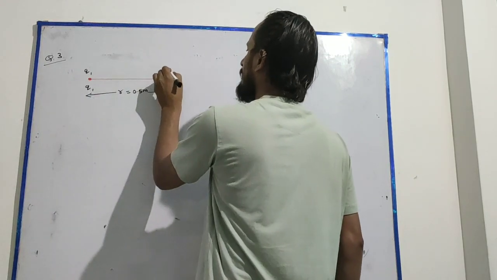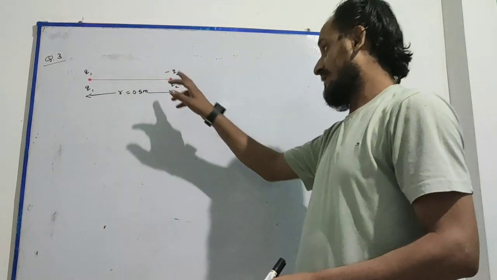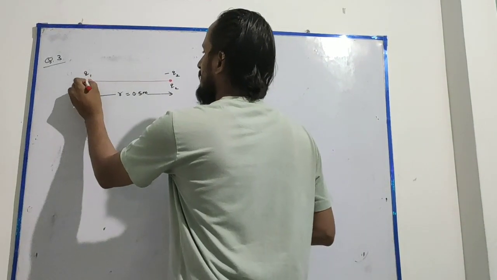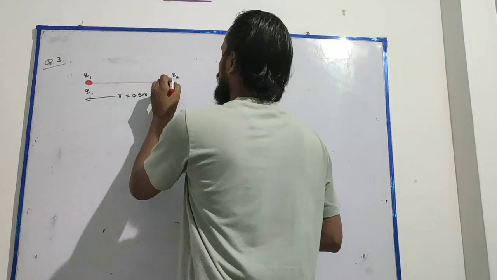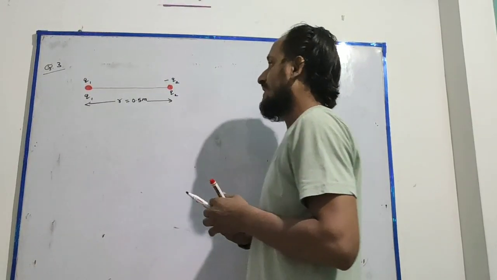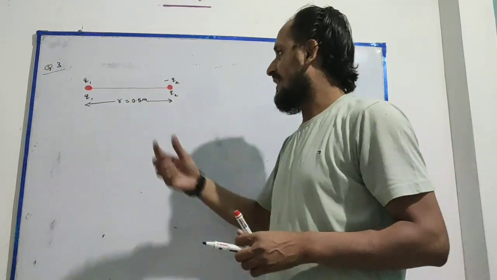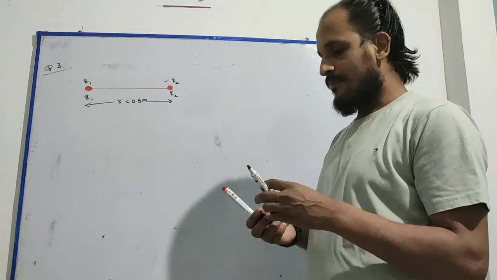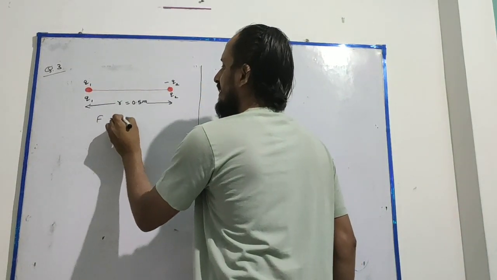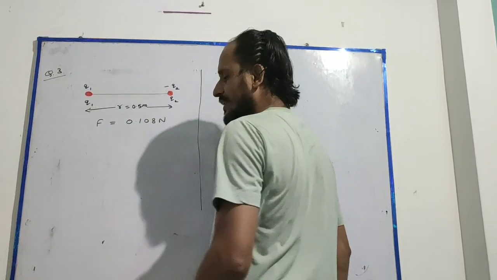This is Q1, this is minus Q2. Agree? Opposite sign. It is provided in the question that the two identical spheres have charges of opposite sign. It is not written that both have the same magnitude. They have charges of opposite sign and are separated 0.5 meter apart. The force of attraction between them is 0.108 Newton.